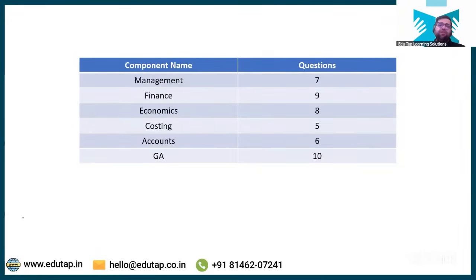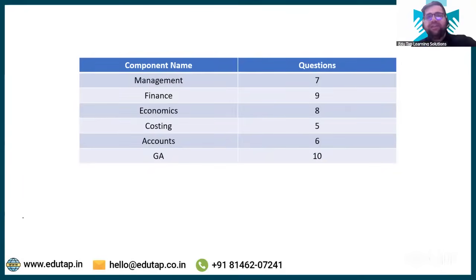Accounts contributed 6 questions, and to my surprise, the journal awareness component contributed the most, which is 10 questions. The paper is quite diverse, but at the end of the day, if you are not good in, let's say, commerce and accounts, then you can do the questions of some other section.